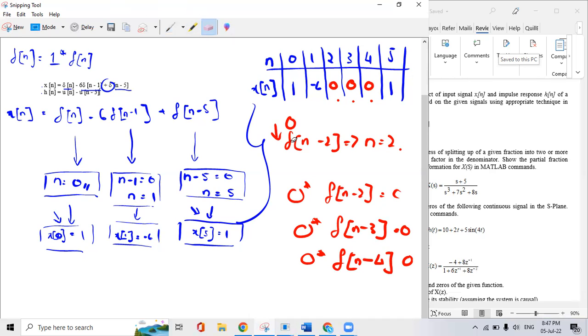So what can we write for the input inside MATLAB? Let me erase all this first. It is a bit laggy.